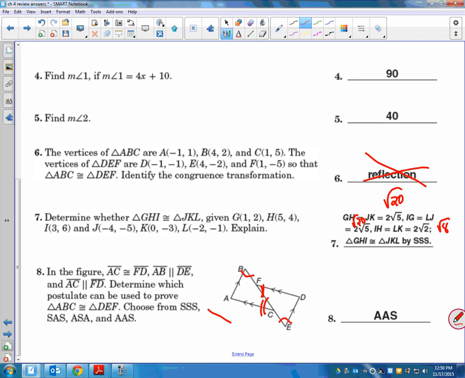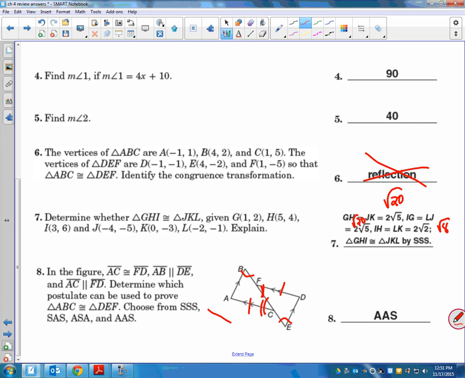And what else do they tell me? AC is congruent to FD. So you have to say angle, angle, side. I don't think we have anything else we could use to find the other angles. Like we don't have another transversal. So by this picture, angle, angle, side is the only option that you could do there.